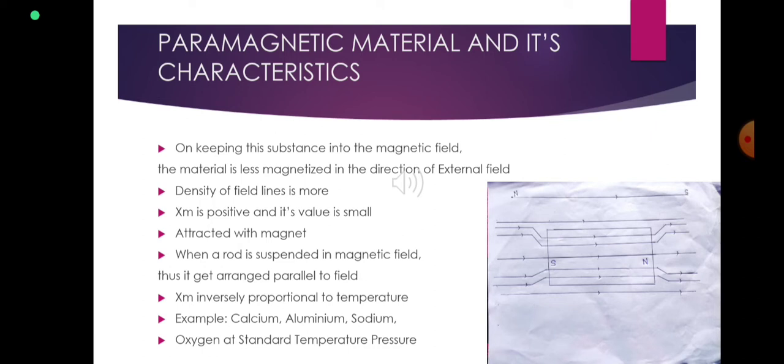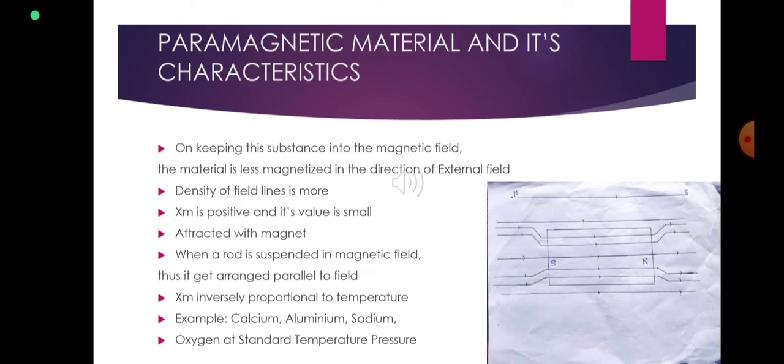And when there is not the uniform way of electron motion, we can say that there is a random motion of the electron, or they are not having any kind of magnetic dipole moment. According to the motion of electron in a molecule, there are three main categories: paramagnetic material, diamagnetic material and ferromagnetic material. So now I am going to discuss what is paramagnetic material.